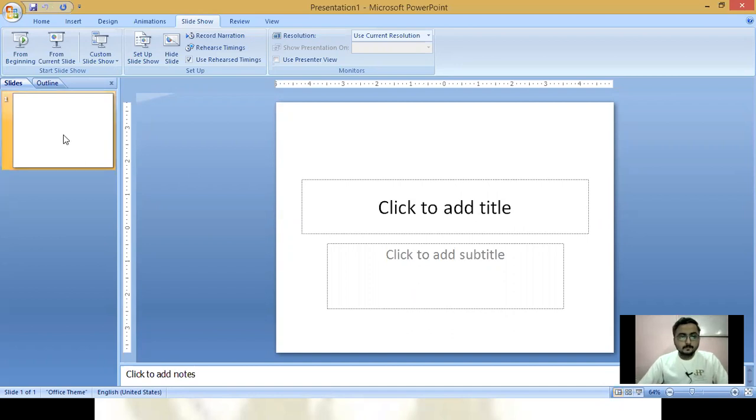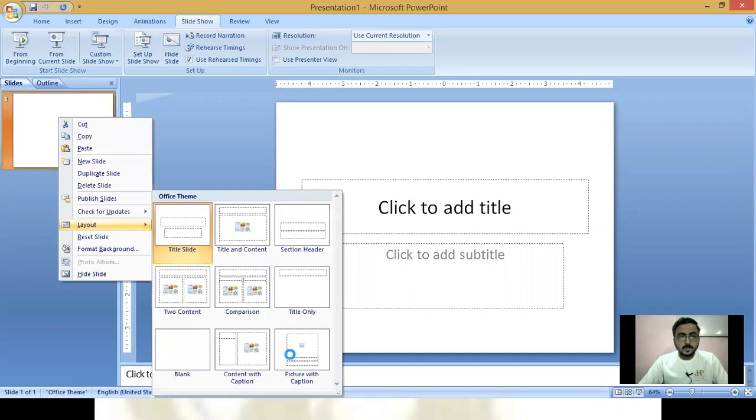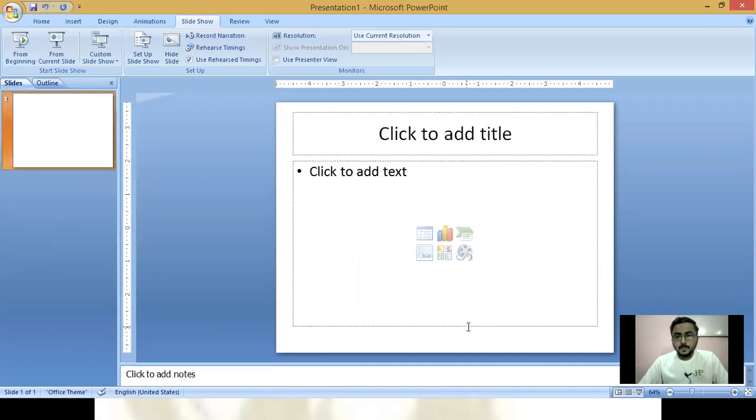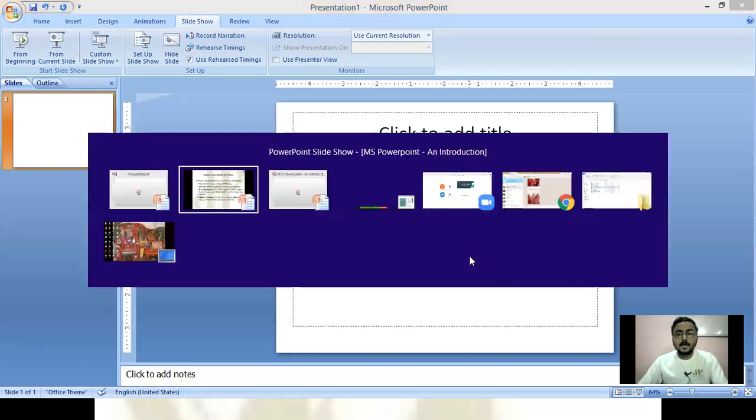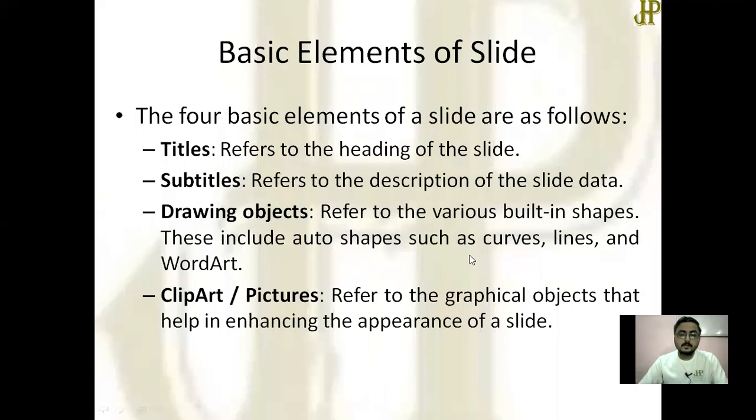And if I take another layout, here you can see that with the title, you can add something else like insert picture from file, insert table, insert chart, insert SmartArt graphic, insert media clip, either audio or video. That's why I am saying that there are four basic elements: title, subtitles, drawing objects, clip art.